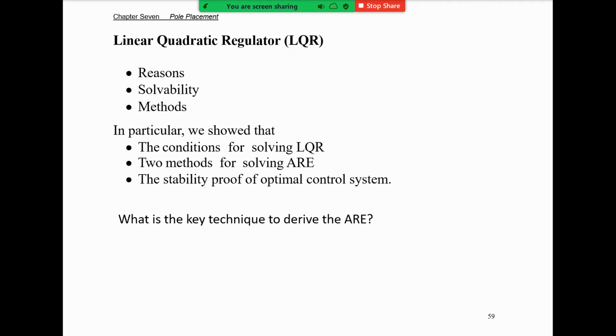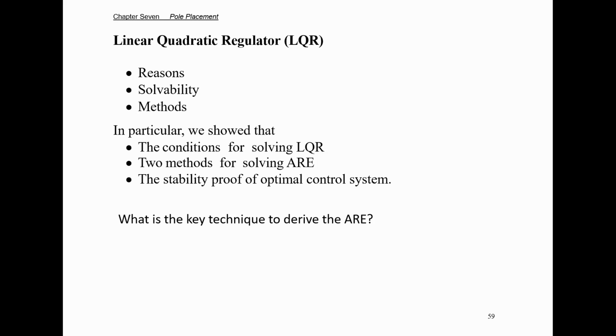Now, the final question I want to ask you. This whole process, I gave you the solution to the LQR. When we tried to derive the equation for the algebraic Riccati equation, what is the key technique we use? Last week, we said the key technique is the controllable canonical form.